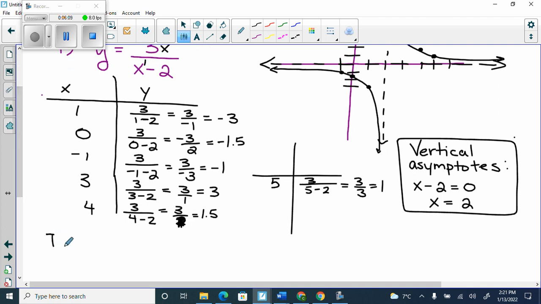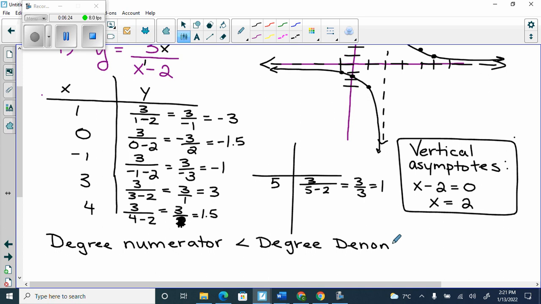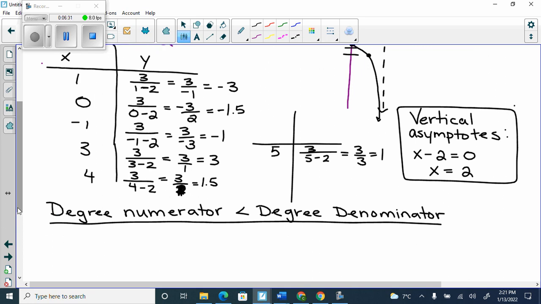So, when the degree of the numerator is less than the degree of the denominator, your horizontal asymptote, and it's horizontal because x equals always cuts horizontal and y equals always cuts vertical, right?